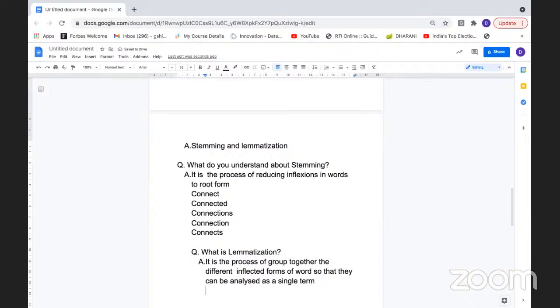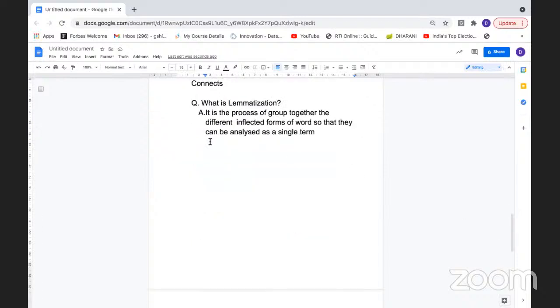That is what is happening here. So here the difference is it brings the real context to the words, right?